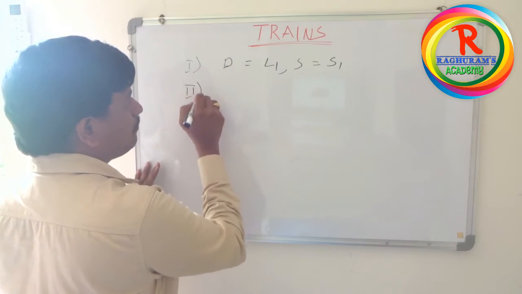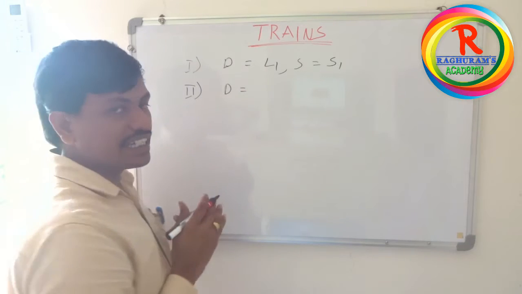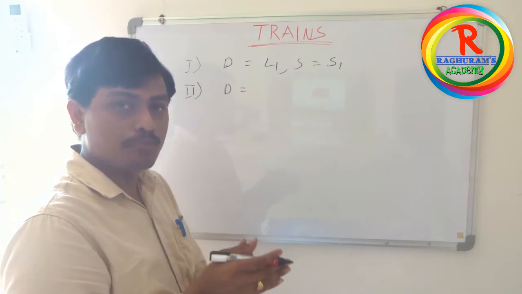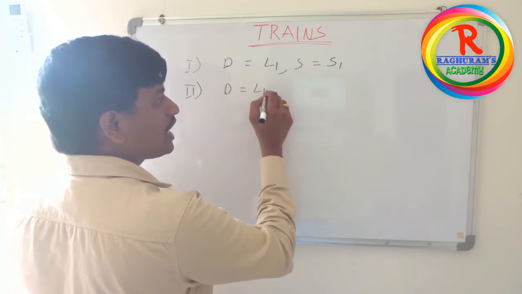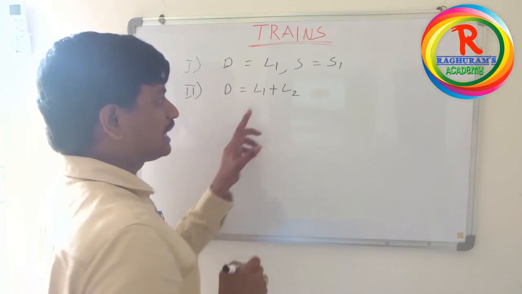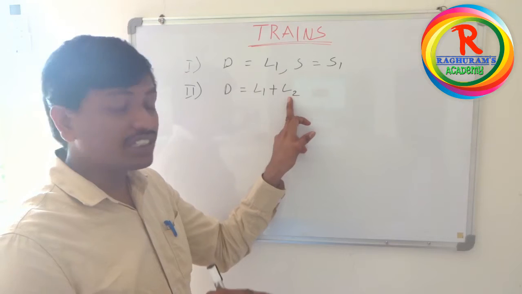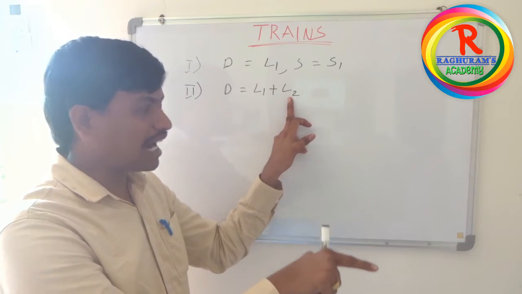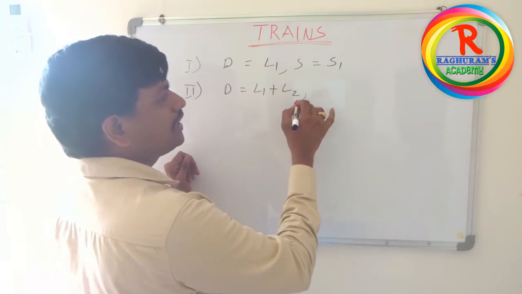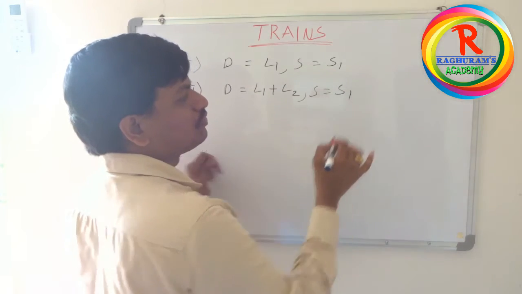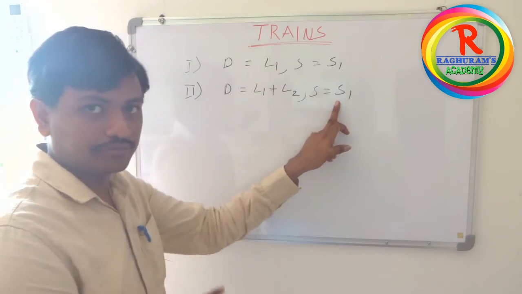And the second type is crossing a tunnel or a platform. Distance is equal to L1 plus L2, where L1 is the train length plus L2 is the length of the platform or tunnel. Here the speed is the speed of the train.